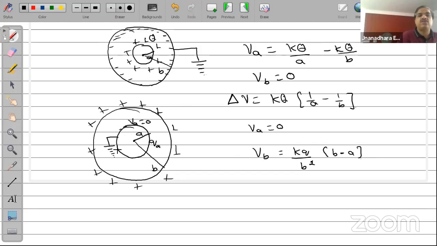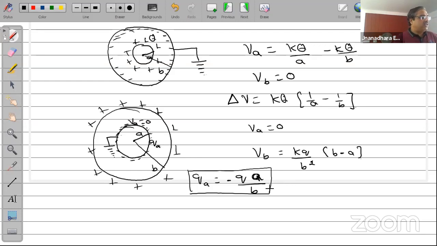There'll be a negative charge on this inner one, and that negative charge can be shown to be equal to minus Q into A by B. That is the amount of charge that will be coming from the ground onto this shell. So this is another expression here that you will need.